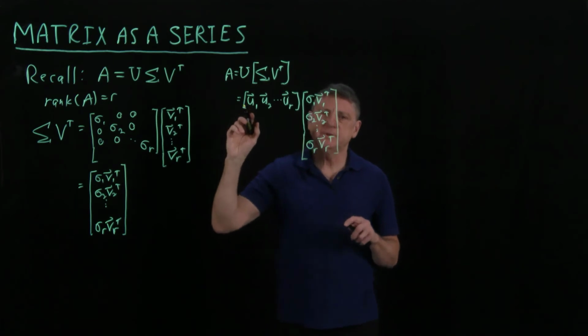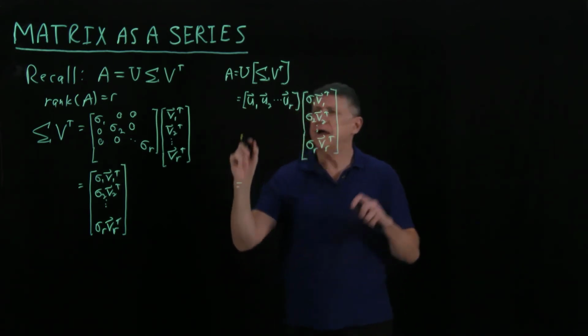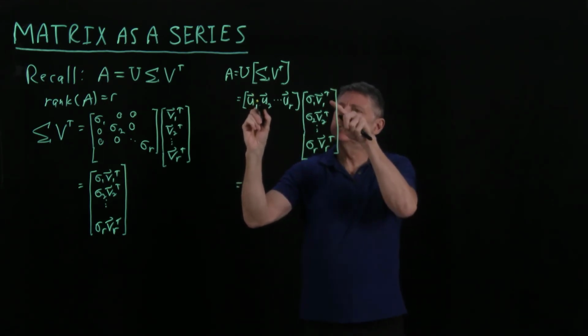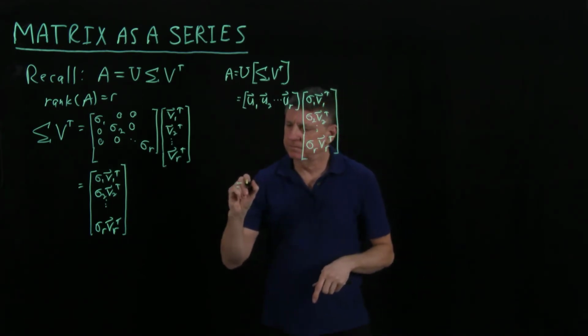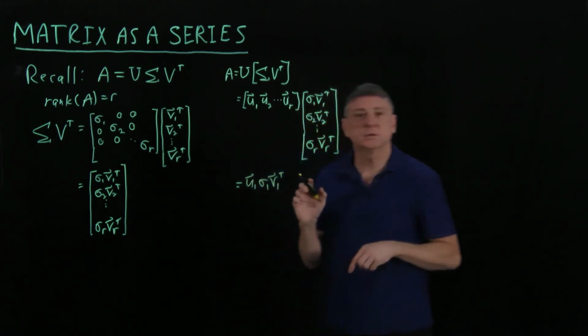And when I do this product, what do I get? Well, I get U1 sigma 1 V1 transpose.